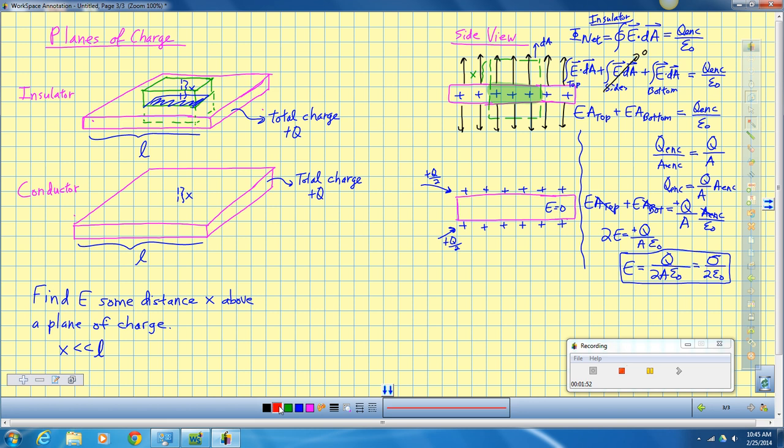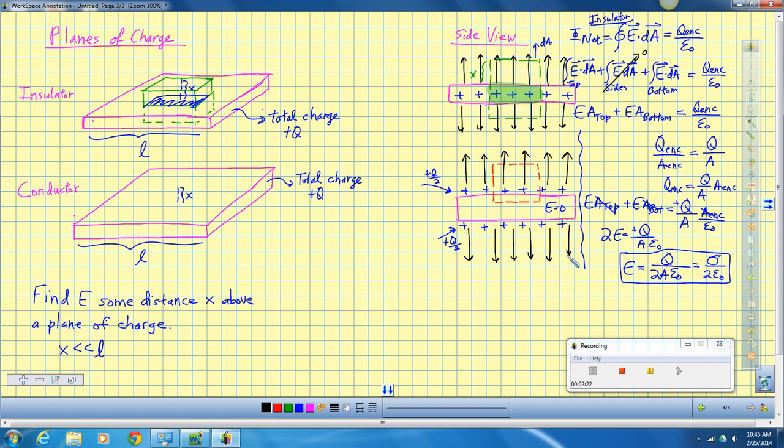So one possible Gaussian surface you could draw would be a Gaussian surface that goes through the middle of the conductor and then extends out here. Because the electric field, due to this plane, would be this way on this side of the surface, and it would be this way here. I should be spacing all these above and below equally, but not doing quite so well with the pen.